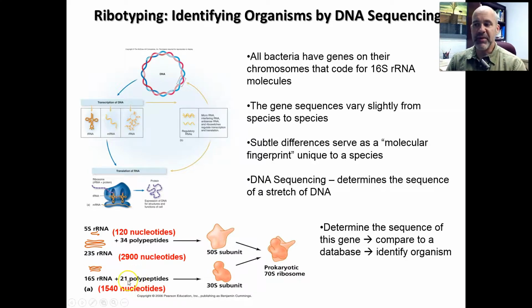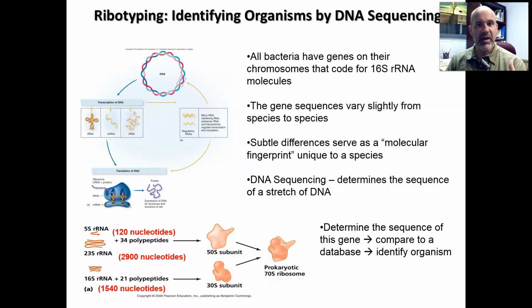So today it's not too difficult to determine. If you have a sample of bacteria from a patient, you can pretty quickly determine the sequence of the 16S ribosomal RNA from that organism, and then you compare it to a computer database, and out pops the identity of your organism.